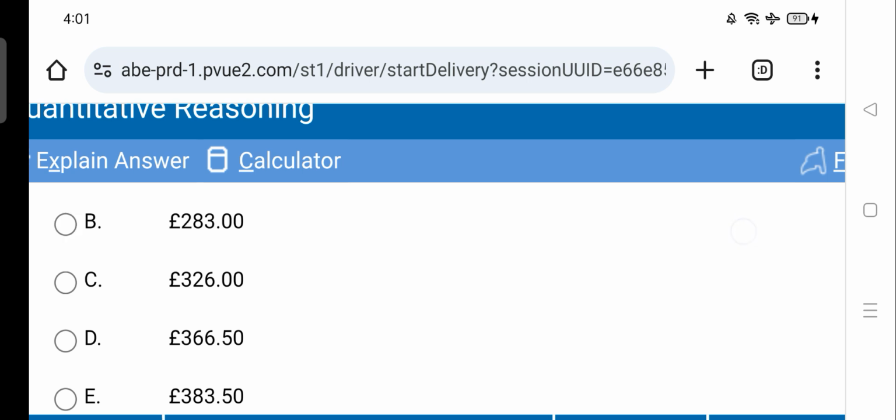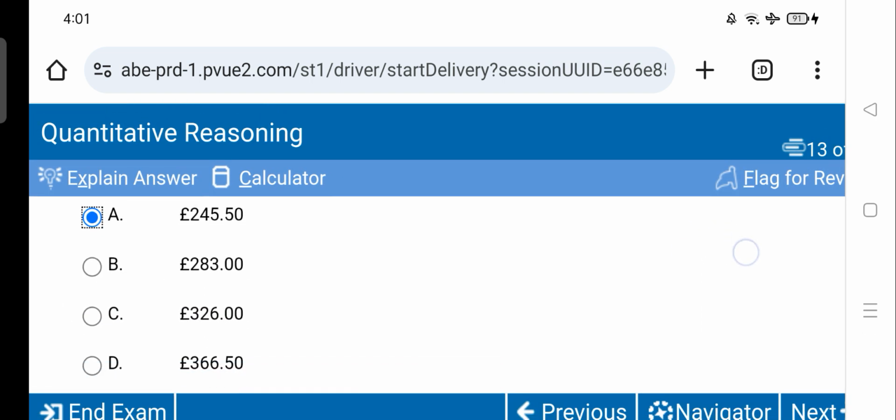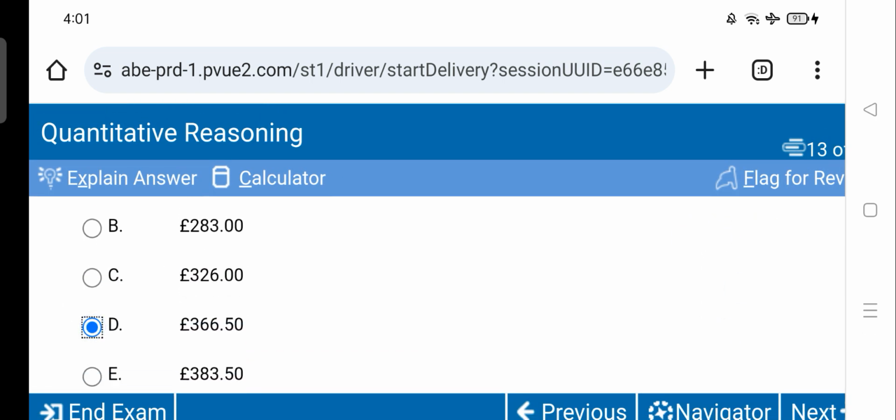That's how we can say the correct response is option D, which is 366.50 pounds. This is the payment she receives for her work.